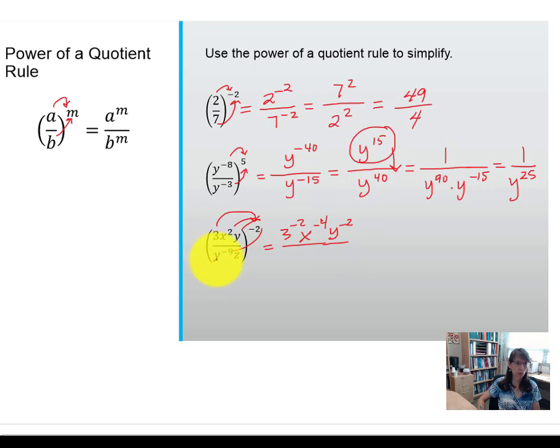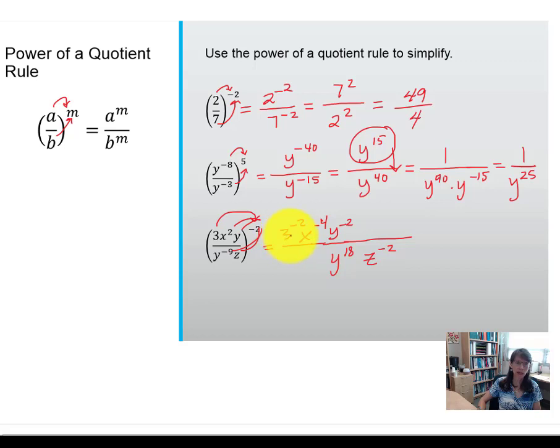In the denominator, y to the negative 9 times negative 2 makes y to the 18th. And when I'm writing out these bases, I'm trying to line them up to make it easier to see where the like bases are. z is also raised to the negative 2. And there were no other bases of z yet, so I created a whole new column for that.